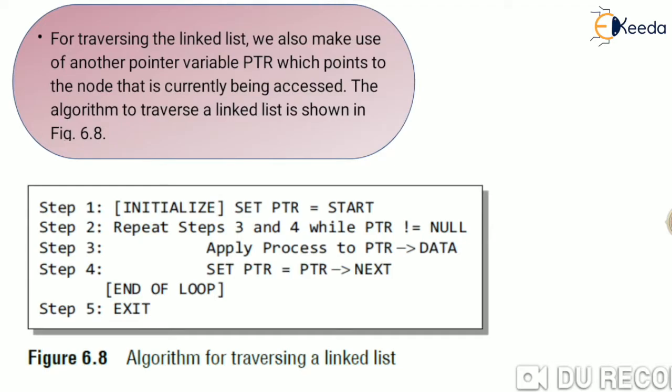We are not writing the complete word pointer, in spite of that we write PTR equal to START. START points to the first element, right? Because we have to point to an element, and only then can we store the data. So we are using the pointer variable PTR, which points to the node that is currently being processed. The algorithm to traverse a linked list is shown in the figure. Now I am explaining the algorithm one by one.